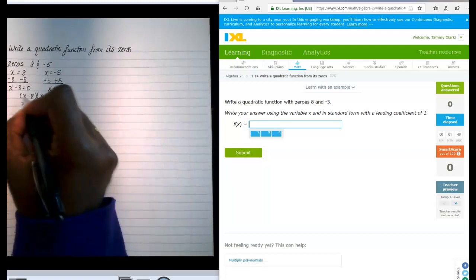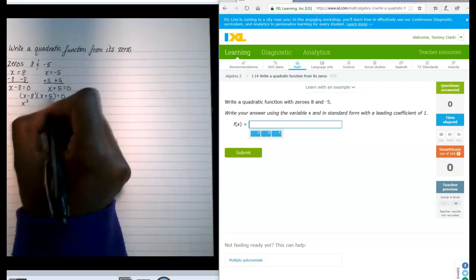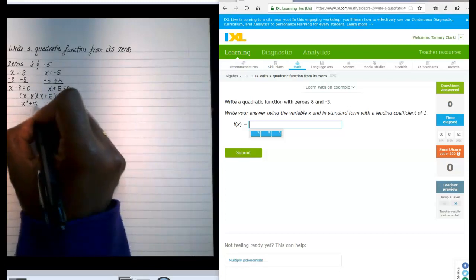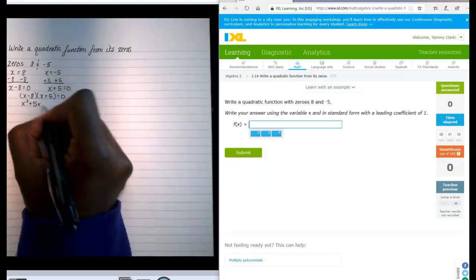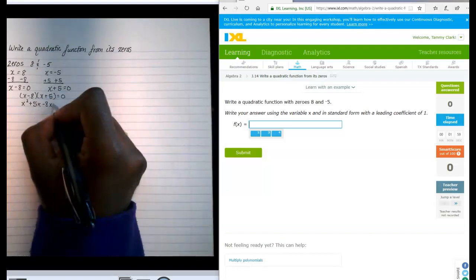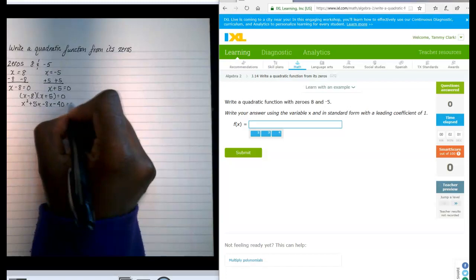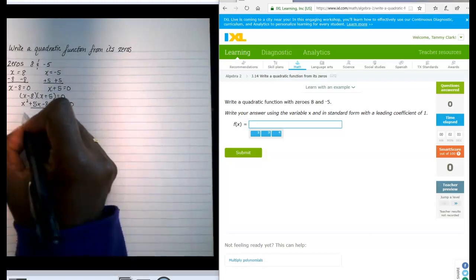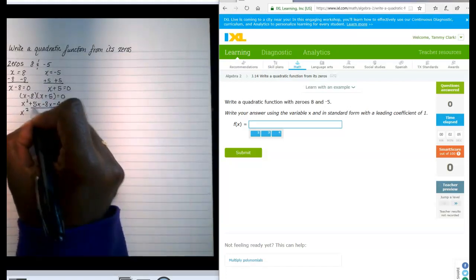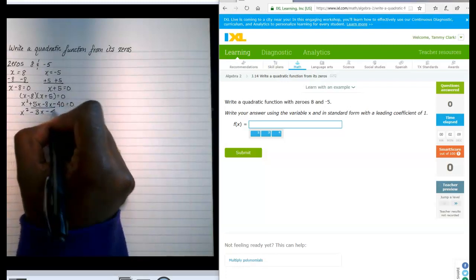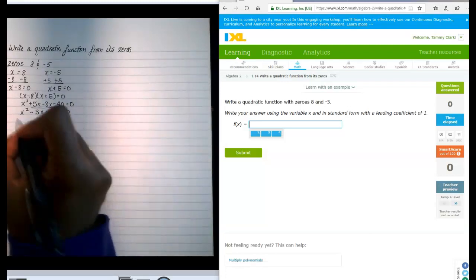So I get x times x is x squared, x times 5 is positive 5x, negative 8 times x is negative 8x, and negative 8 times 5 is negative 40. Set that equal to 0. Combine my terms, and we've got 5x minus 8x is negative 3x, minus 40 is equal to 0.